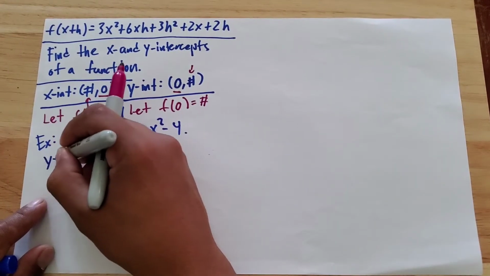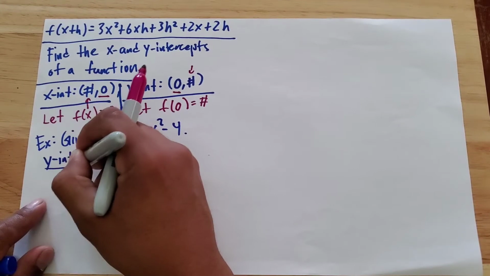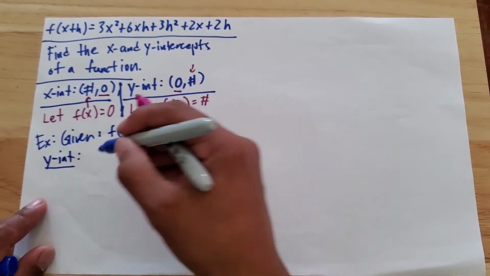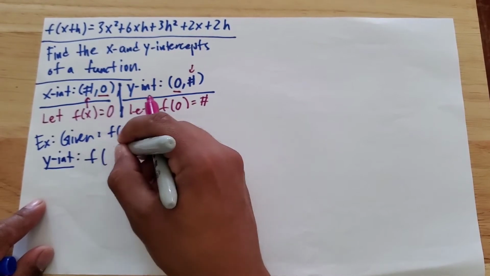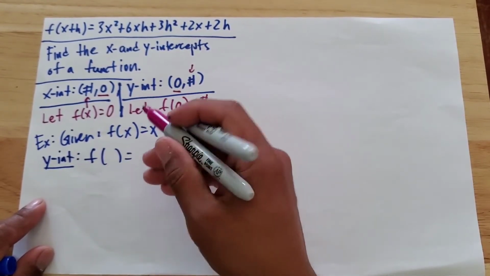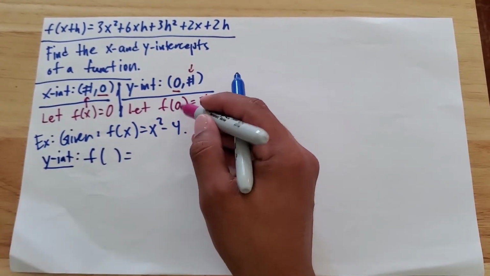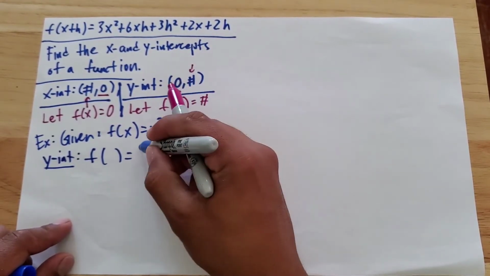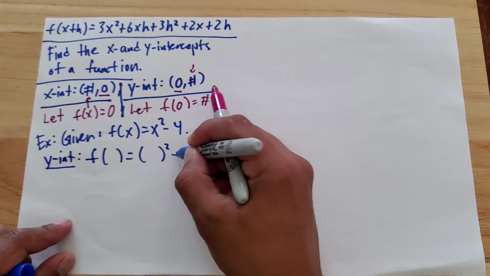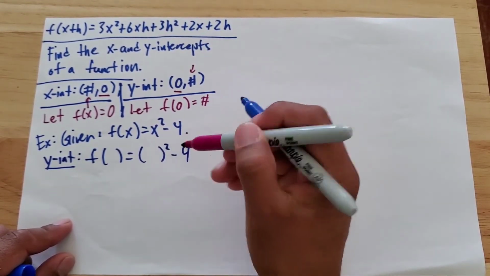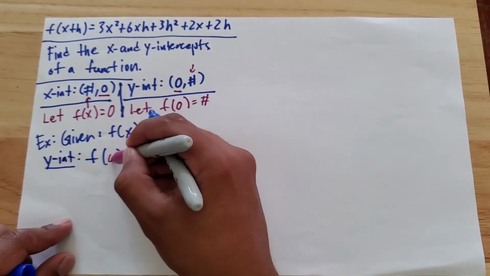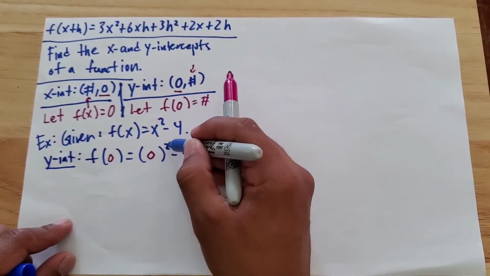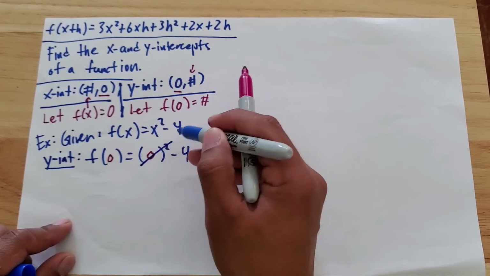So for starters, if we find the y-intercept, that means we're going to have to find f of 0. So I do f of 0, and that means I'm going to evaluate. What have we just been doing? We've been evaluating these functions. So everywhere I see an x, I'm going to replace it with 0. But I know 0 squared is just going to be 0.